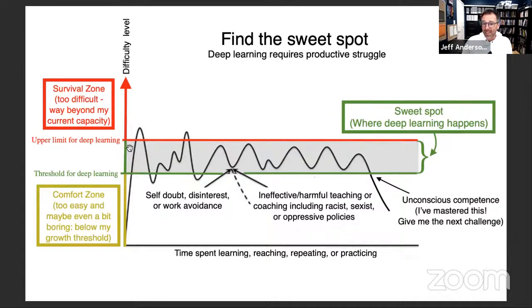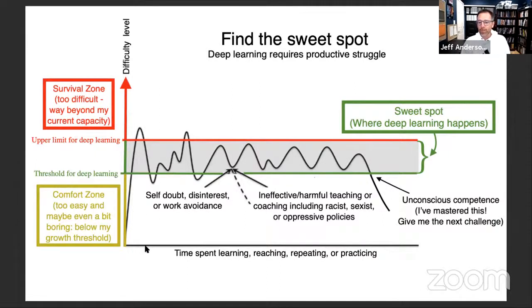So if I push too hard, I get into what I call the survival zone. This comes from Daniel Coyle's work again. You can read this in both the Little Book of Talent and also the Talent Code. These are both great books about the science of skill development. So the survival zone is too difficult or way beyond my capacity, right?